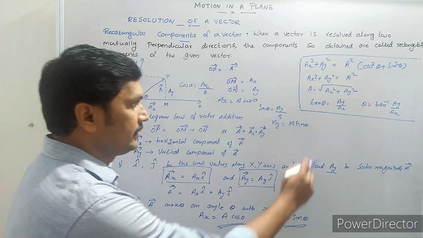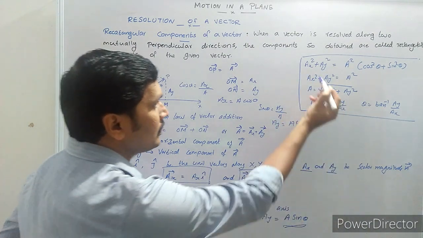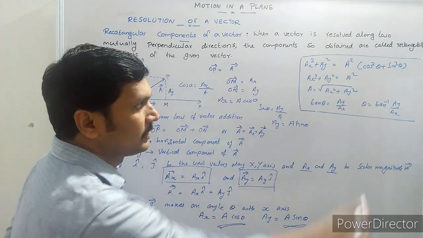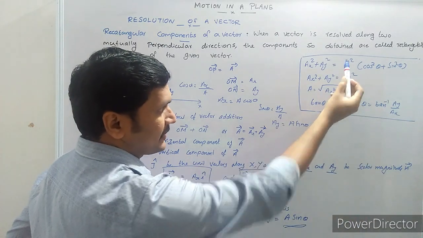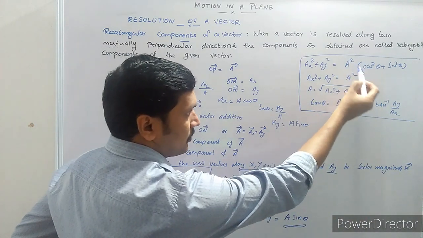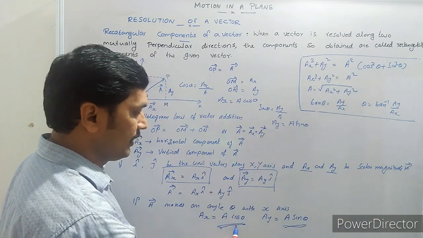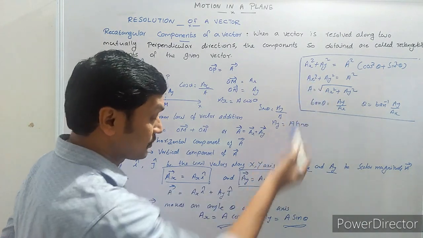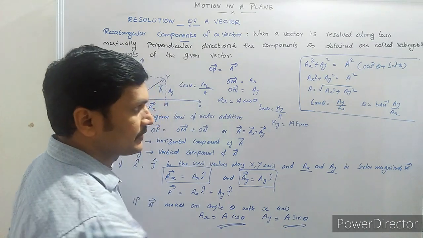Now see the relation between them. The square of the horizontal component plus the square of the vertical component: Ax square plus Ay square is equal to A square cos square theta plus A square sin square theta.